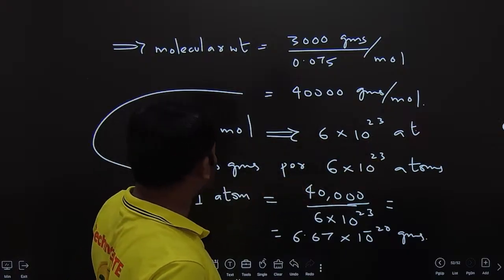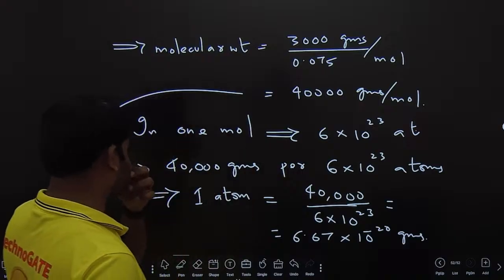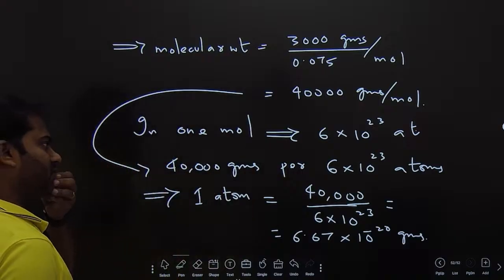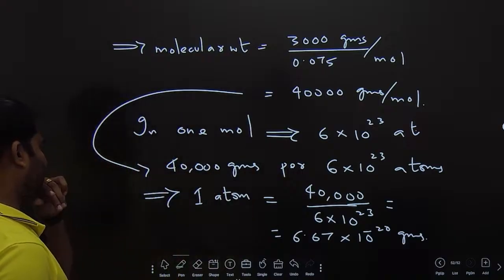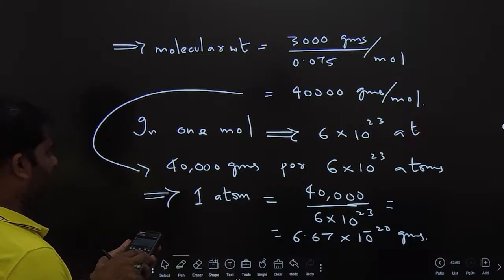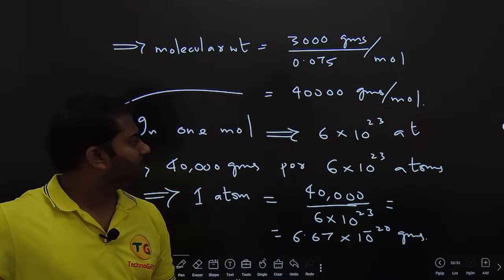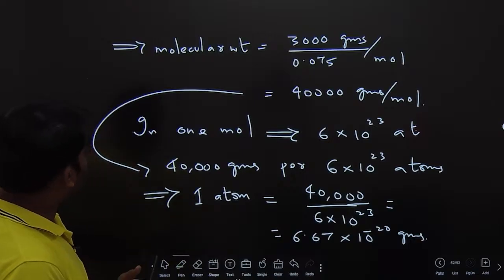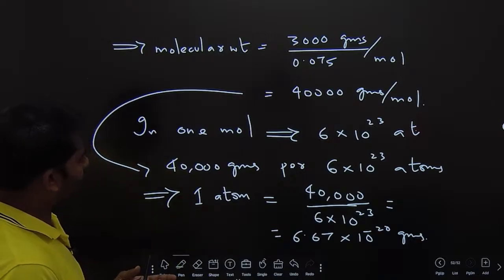So 40,000 grams per 6 into 10 power 23 atoms. So 1 atom will become 40,000 by 6 into 10 power 23, 40 by 6, 6.67. The problem comes with converting grams to this, but it is 40,000 grams per mole.